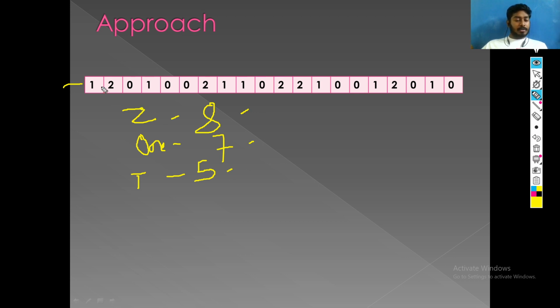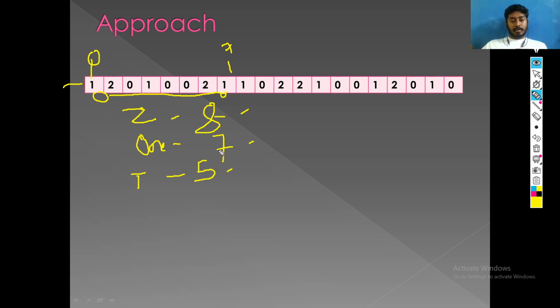There are 8 zeros, right? The starting index is 0, 1, 2, 3, 4, 5, 6, 7. This is the seventh element. We just replace the values with 0 until this part.